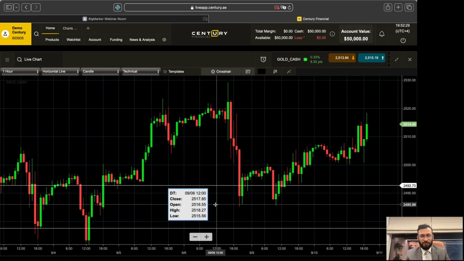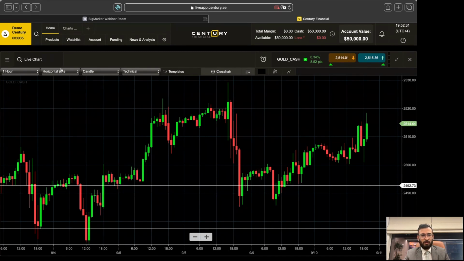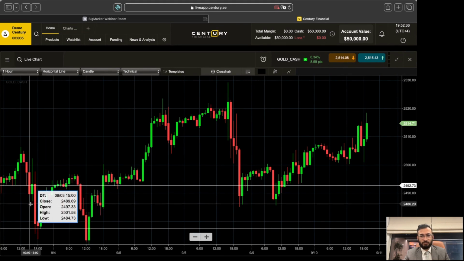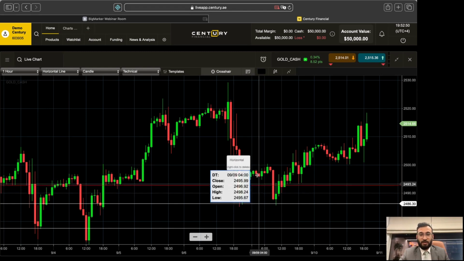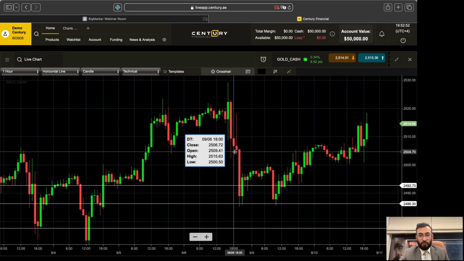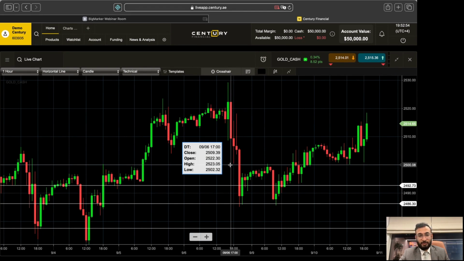I would call this my support zone. On a short-term chart, look at my support zone, between 2486 and 2492. This is where, when gold prices are coming down, they're bouncing back, right? And bouncing back to, first of all, a short-term resistance, one was here.